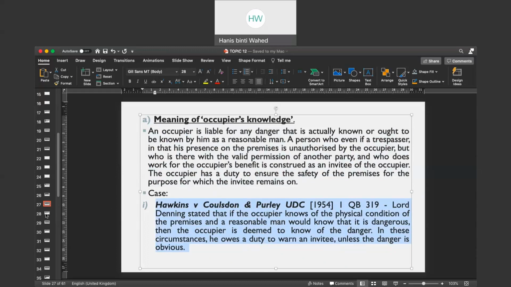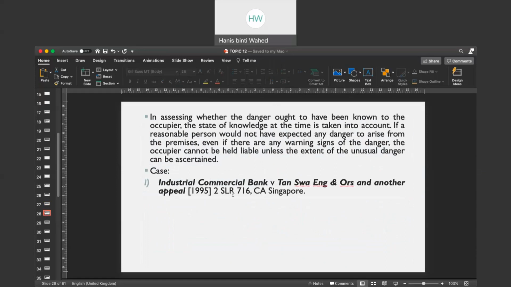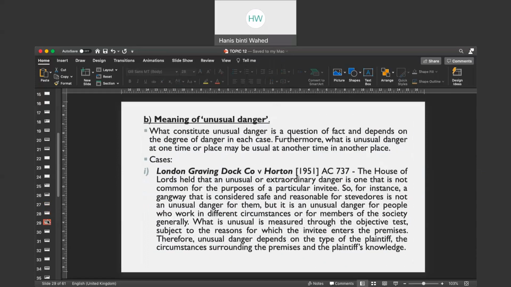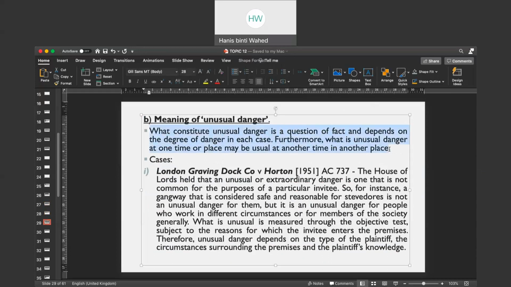The second factor that the court will take into consideration to determine whether an occupier is to be held liable to an invitee is whether the danger is unusual or not. As you can see here, what constitutes unusual danger is a question of fact and depends on the degree of danger in each case.